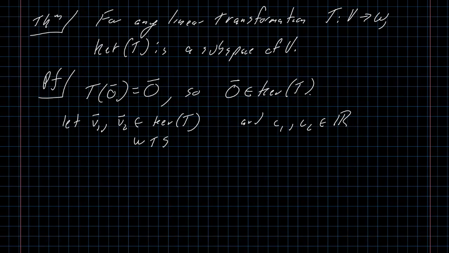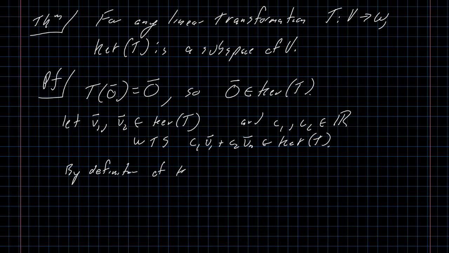And we want to show that c1 v1 plus c2 v2 is in the kernel of T. Turns out that's actually fairly easy to do. By the definition of the kernel, it must be the case that T of v1 is equal to the 0 vector in W, and T of v2 is equal to the 0 vector in W.